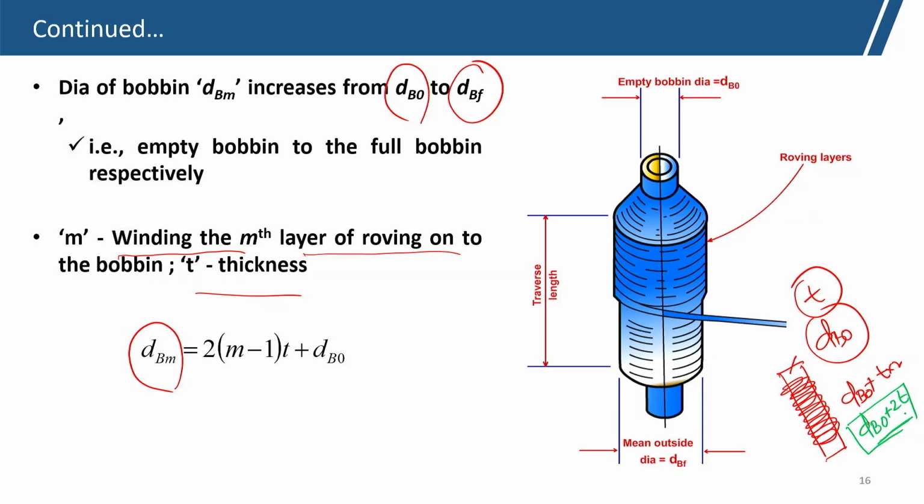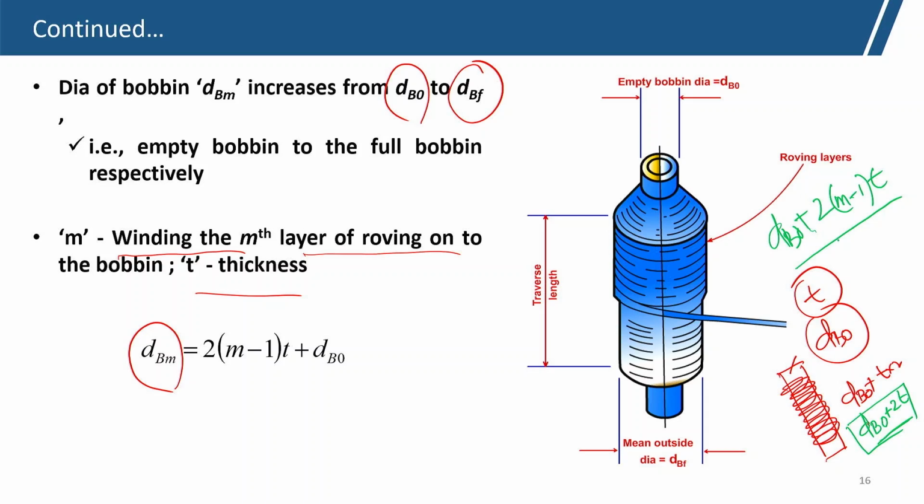For the second layer it will change. In generalized form it will be dB0 plus 2 times (m minus 1) times T, where m is the layer. For the first layer that term will be 0.